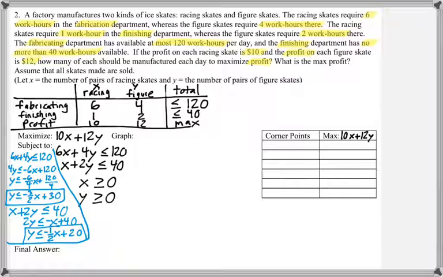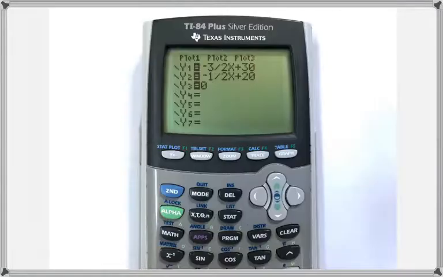And then I also want to graph y is greater than or equal to 0. So I'm ready to go to the y equals menu on my calculator, and I want to type in my three equations, so negative 3/2 x plus 30, negative 1/2 x plus 20, and then 0.